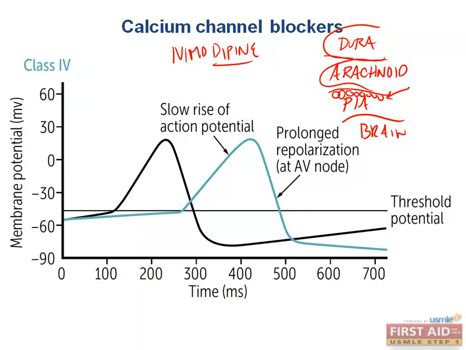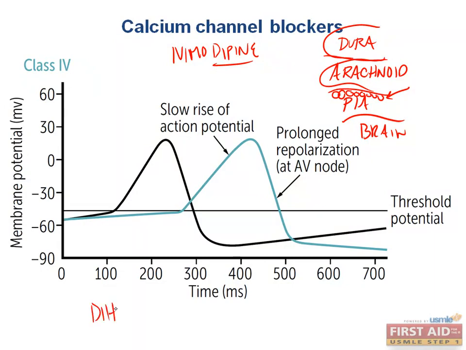Your dihydropyridines will tend to drop blood pressure in a different way, mainly by arteriolar vasodilation, while your non-dihydros will tend to cause a decrease in cardiac output by decreasing the heart rate because they decrease the depolarization rate in areas of the heart such as the SA and the AV node that are particularly dependent on calcium conductance for automaticity.